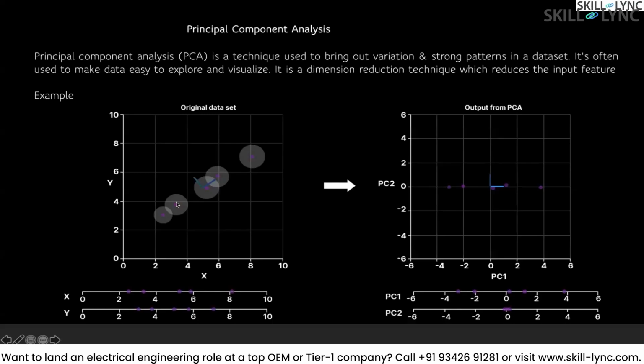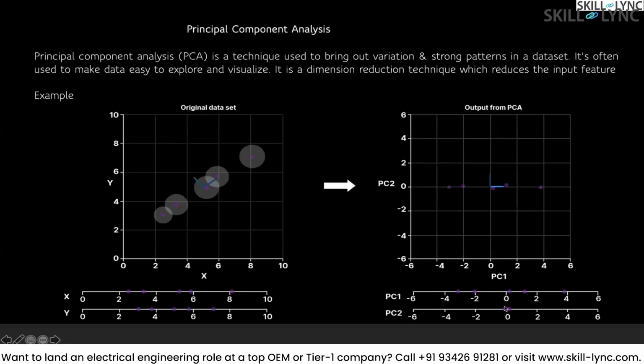But let's say that instead of doing your predictive model on two features, now we have converted this into new two features, and then by looking at these two input features, PC1 and PC2, it's quite straightforward that the variation in PC2 is negligible, that means the information carried by PC2 is almost negligible. But the variation in PC1 is more, so the information carried by PC1 is quite more.